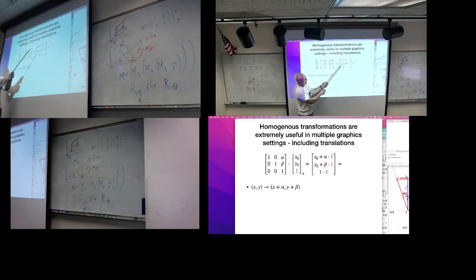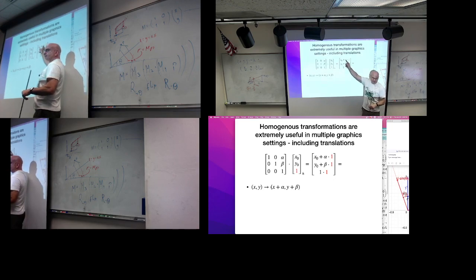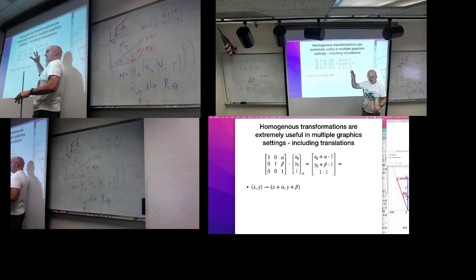So the first coordinate is x0 plus alpha. Alpha is this number that I wrote here in the corner, no matter what alpha is. I took x0 and added alpha to it. Which transformation did it do? It shifted the whole plane by alpha to the right.